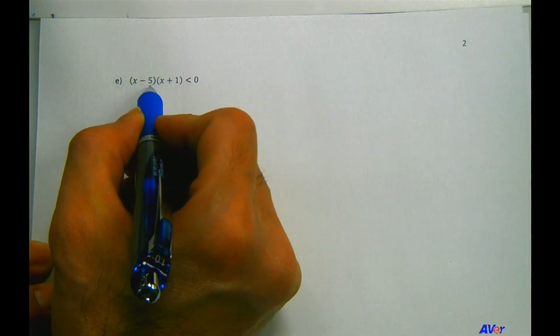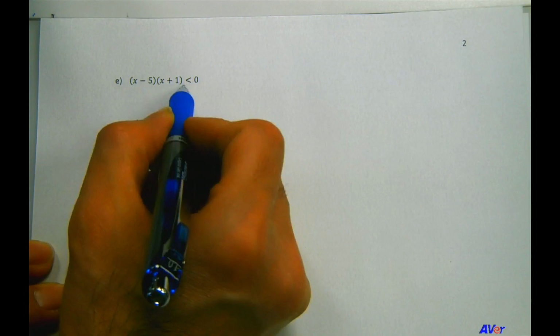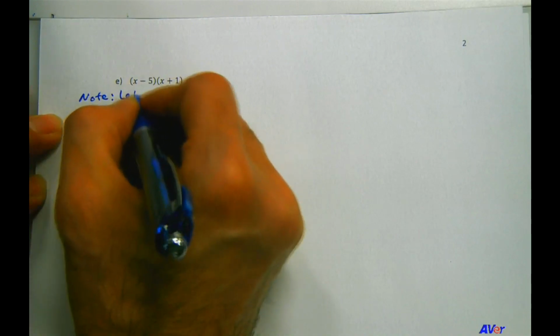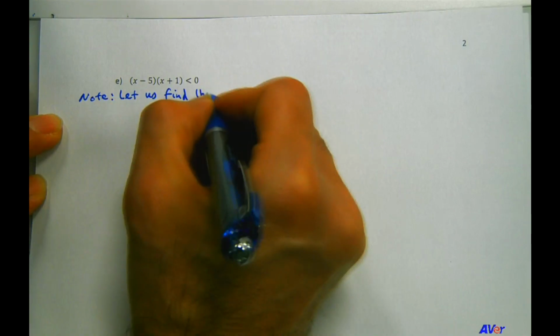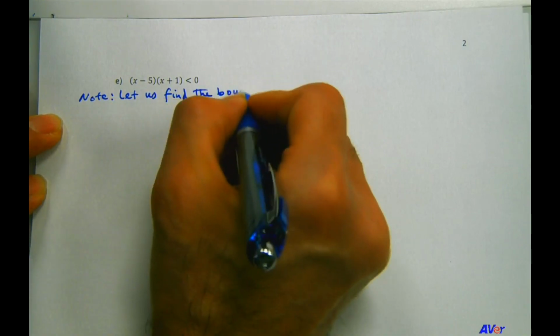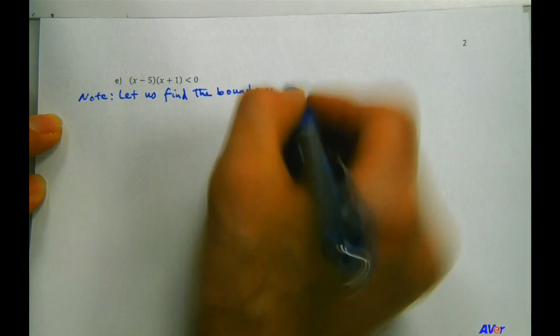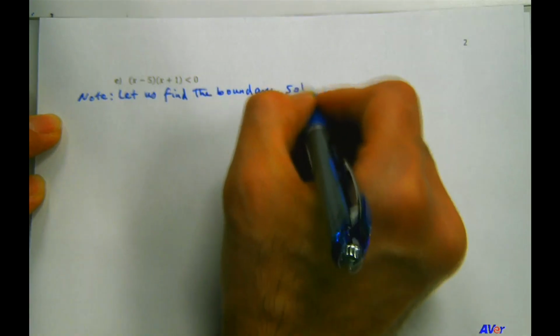For a second, I'm going to switch this inequality to equality. So I'm going to write, and note, let us find the boundary solutions. These are not the final solutions, but the boundary solutions.